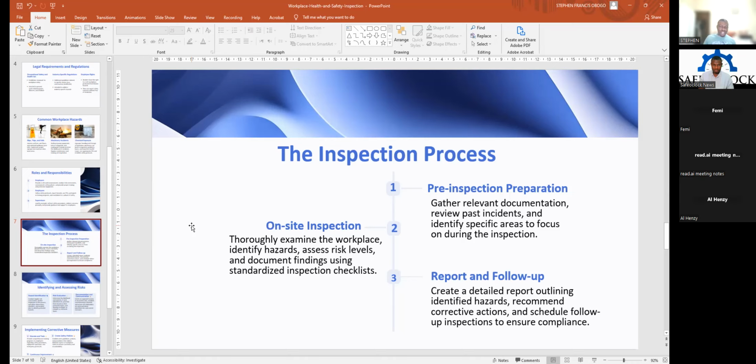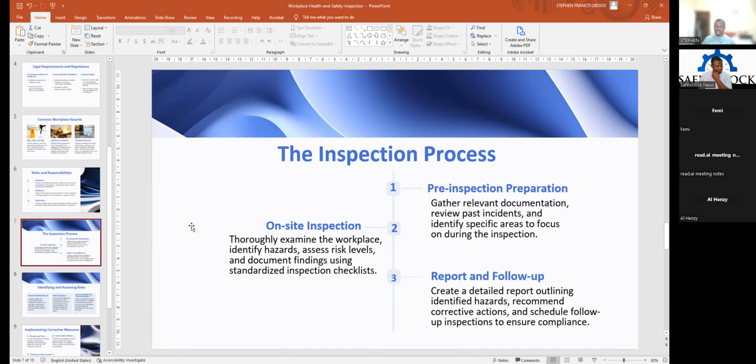For you to go on a site inspection, you need to have a checklist, because those checklists are part of what you need to get in your pre-inspection preparation. Like I said, you don't just go like that. Your checklist will also be like a guide, a map, for you to know what things you need to check for when you go for this inspection. So you don't just go offhand without getting a direction.